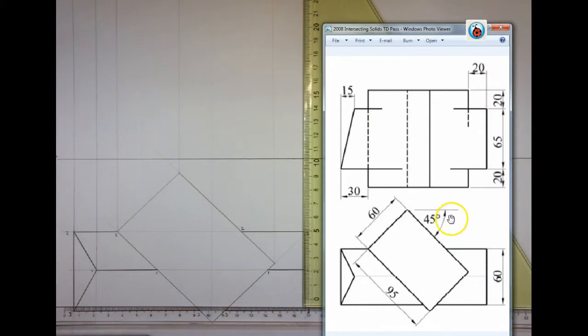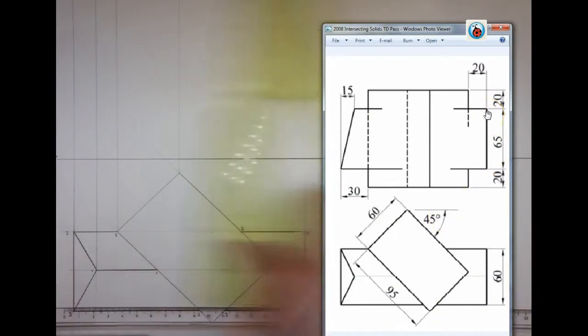Now just put back up my question. My heights are 20, 65 and 20.